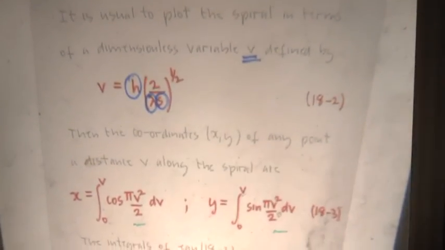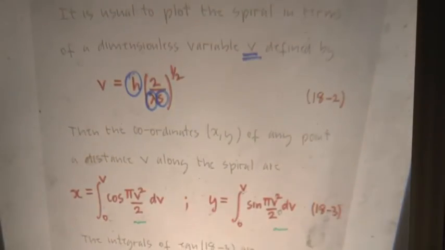This is a bit more tricky. You usually express it in terms of a dimensionless variable, and of course it depends on the width of the slit, the wavelength, and the distance to the detector.